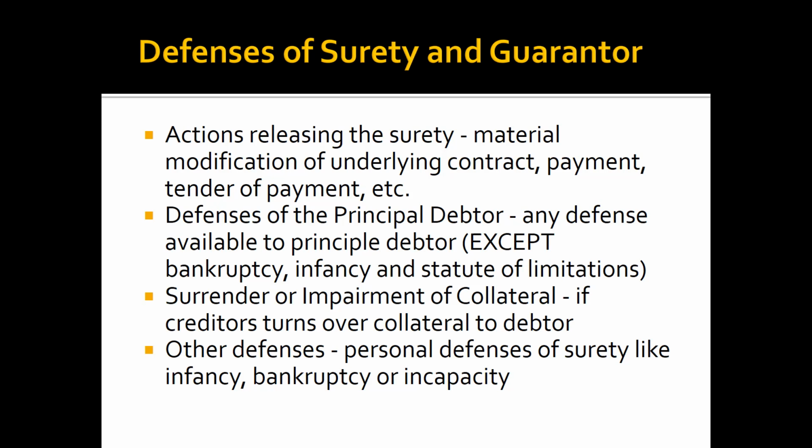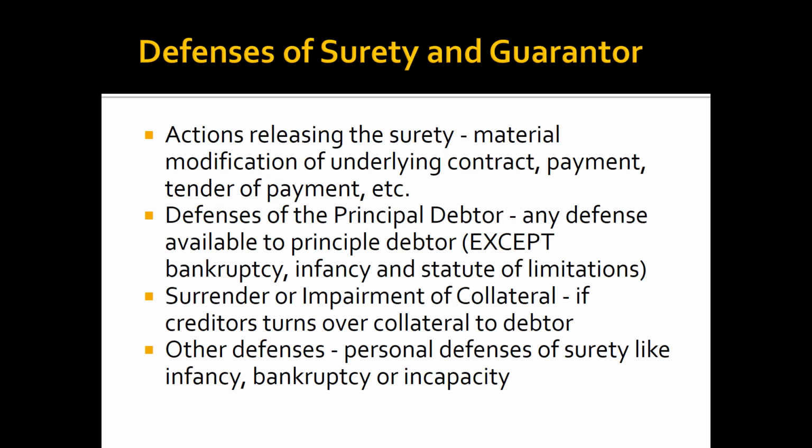Also, you have to be aware that any defenses available to the principal debtor are generally available to the surety or guarantor, unless you're going to say, well, they're bankrupt. That's not a defense for me to pay. Infant, that means my son would be under 18 typically. Or there's a statute of limitations. If the creditors turn over collateral to the debtor, that's surrender, that would be a defense.